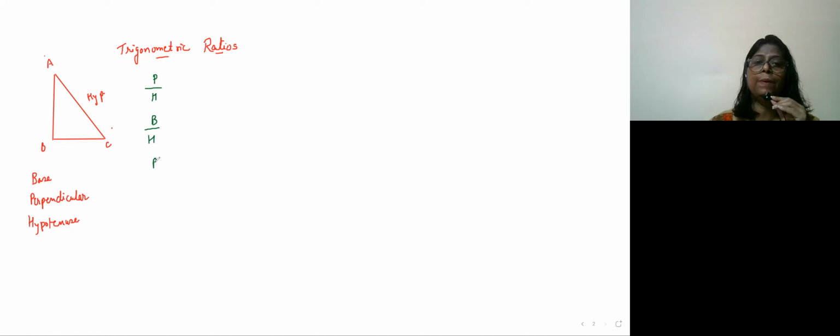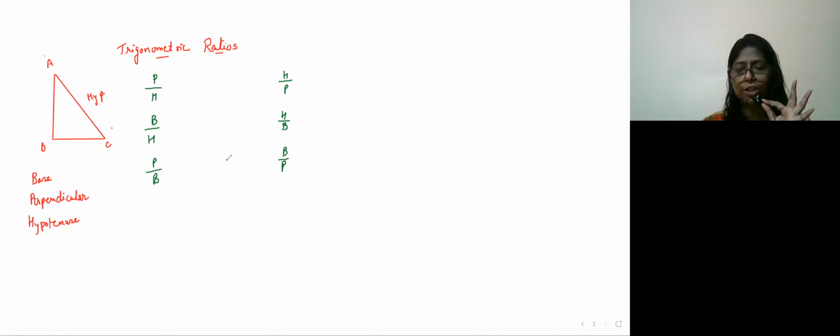If I am writing perpendicular upon base, this is also another ratio. And if I write the vice versa, let me inverse it: hypotenuse upon perpendicular, hypotenuse upon base, base upon perpendicular. So these are the six ratios which can be formed using all the three sides of a triangle.